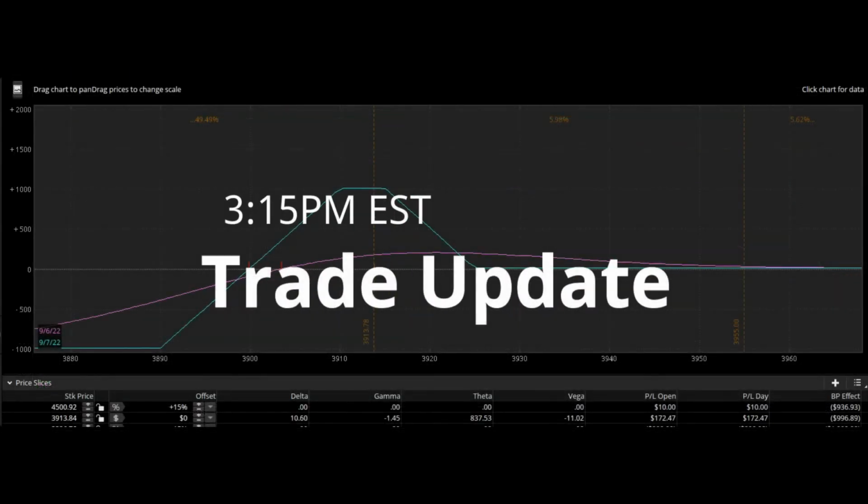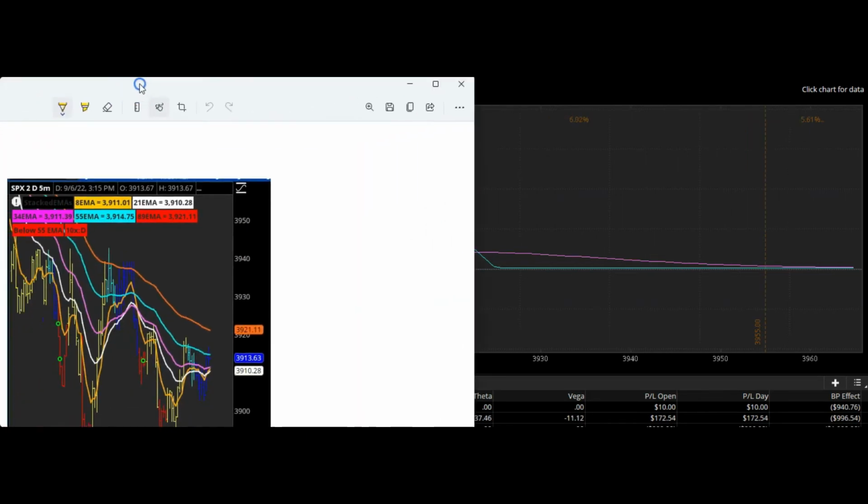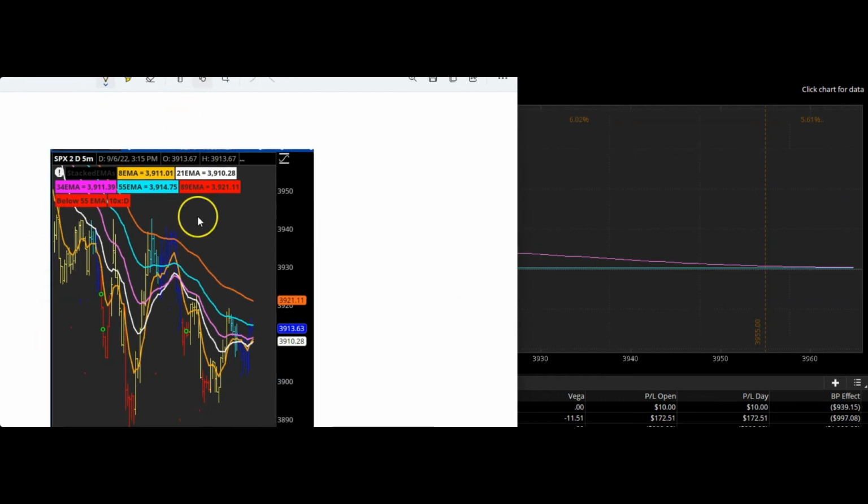All right, it's about 3:15 Eastern time. S&P right now is trading at 39.13. This is the 5-minute chart that we were looking at earlier today. As we can see, we are underneath all moving averages. However, we are making higher lows yet again against the low of the day.